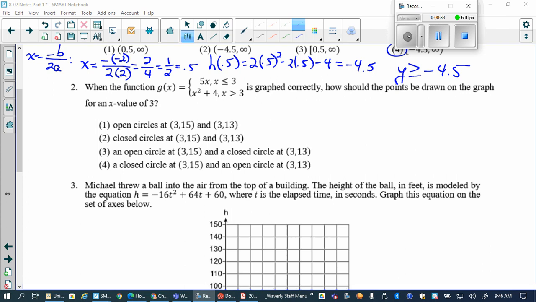Well, if you take a look at the piecewise function, what x value was in question? 3, right? 3 goes in which one? Which one is 3 included in, the top or the bottom one? The top, because of that equal to sign, right?